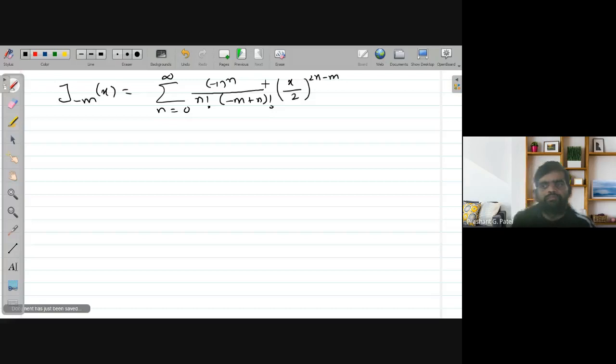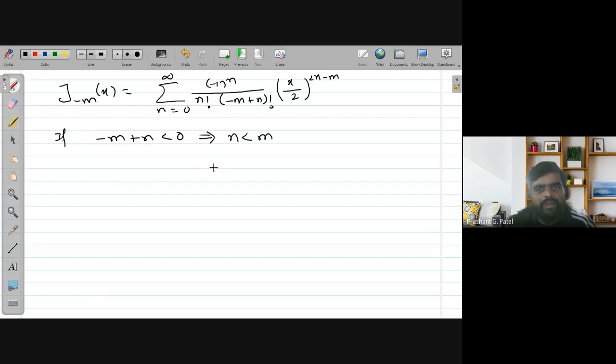Now we have to look at in what situation, that is, if minus m is less than minus m plus n is less than 0, that implies n is less than capital M. That means the value of n is always less than m, so n will be 0, 1 up to m minus 1.